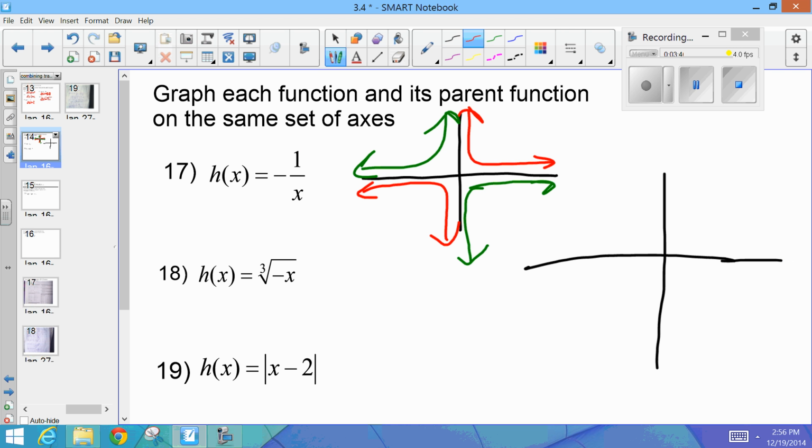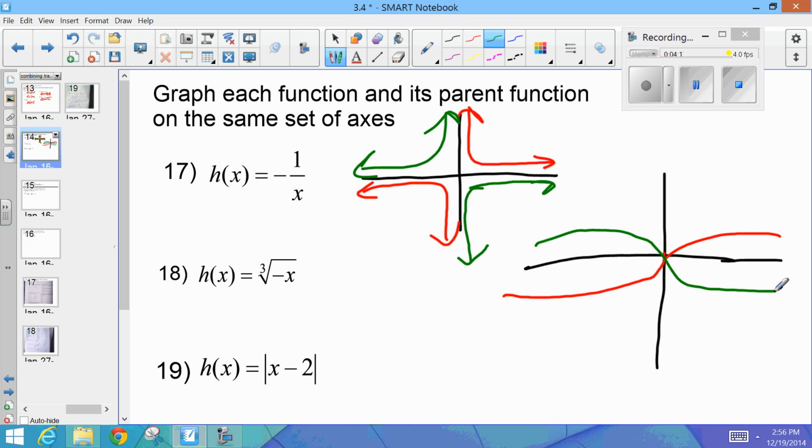Okay, the parent function for the cubic graph is this. Okay, the cube root, I should say. All right, the reflection, now this is going to be a reflection, since that negative is happening inside of the cube root, is going to be a reflection about the y-axis. Okay, so what is in quadrant 1 happens now in quadrant 2, and what was in quadrant 3 happens now in quadrant 4.